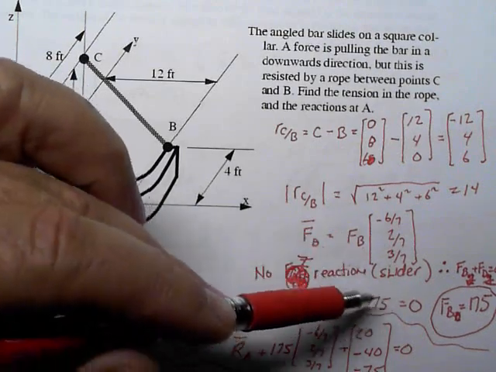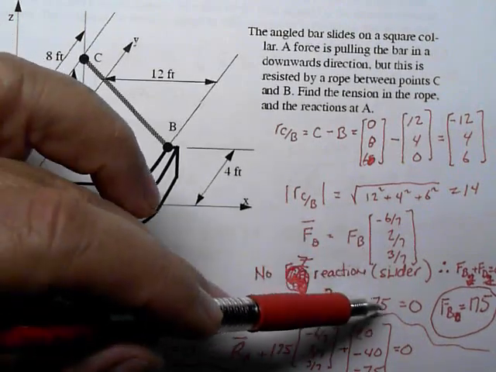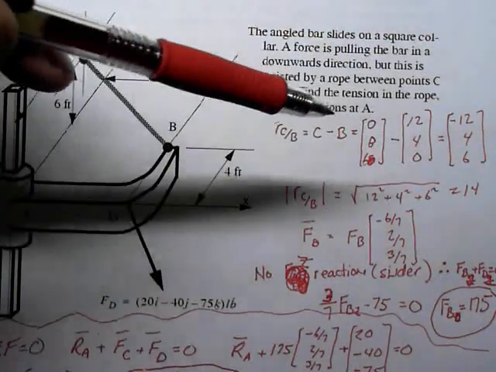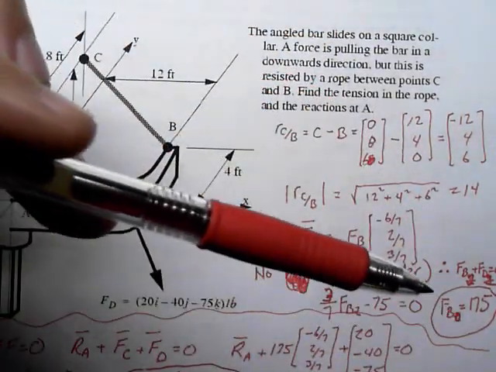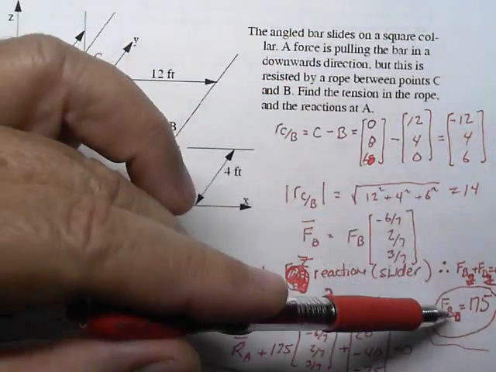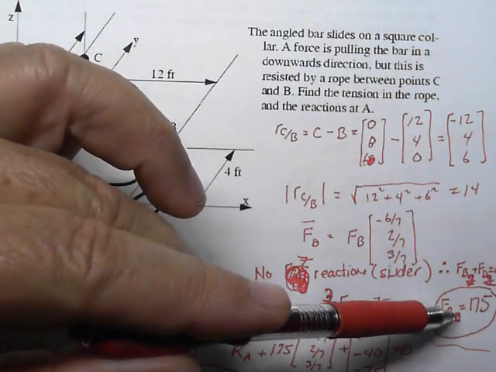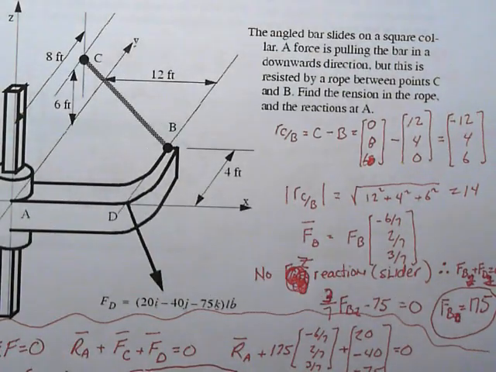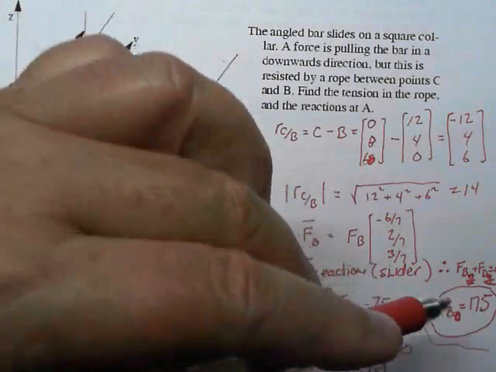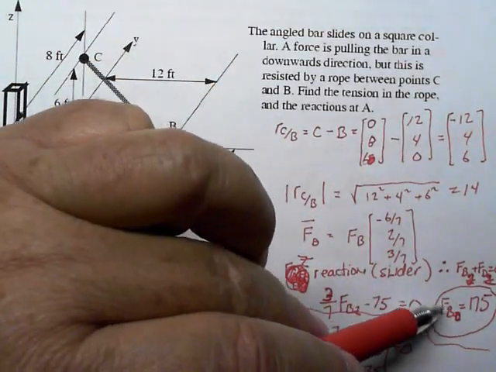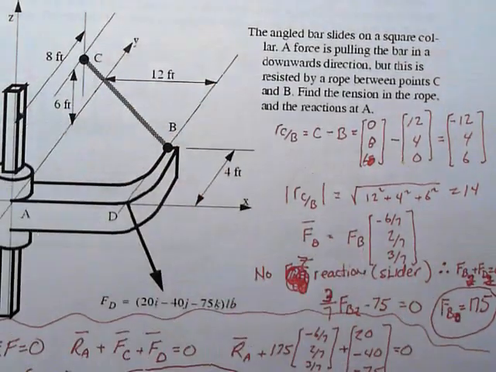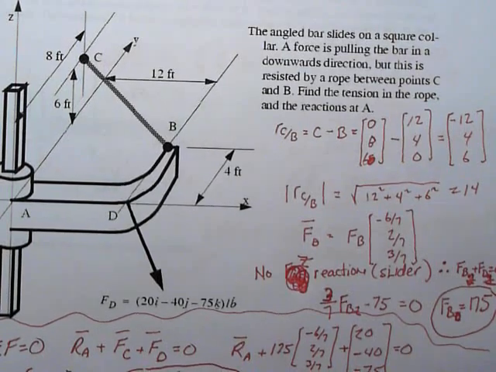Those two forces are the only forces in the Z direction. Sum them to 0, and we get that our force at point B, which is the rope force, FB, is the magnitude of the rope force, and that is 175.